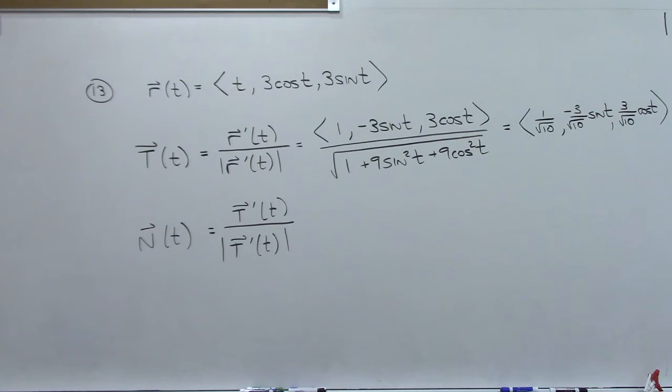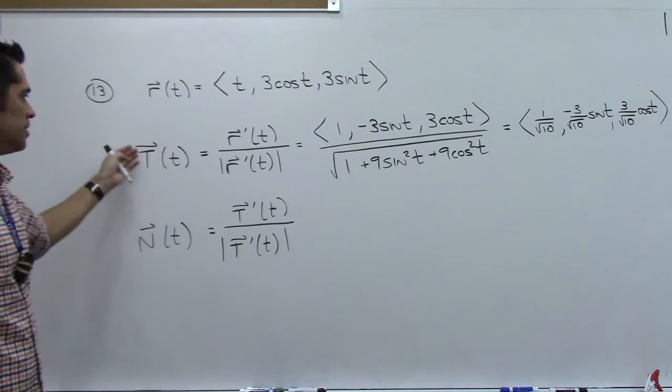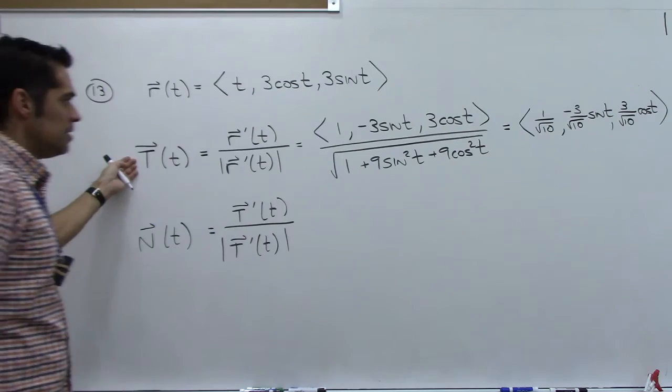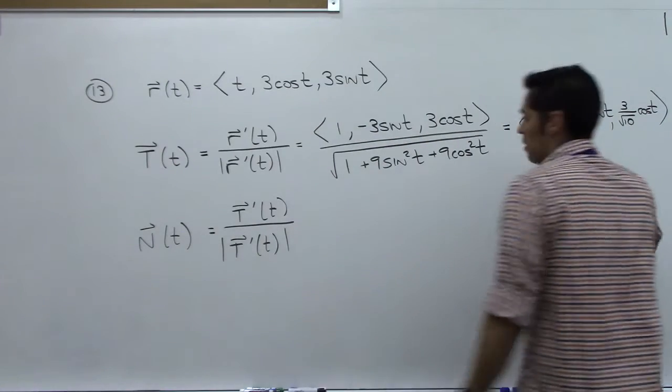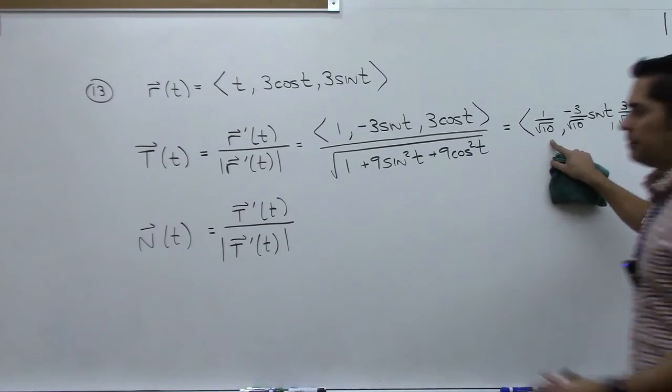That's all it is. We're basically doing the same thing we did on R, we're doing the same thing on T. So T is this right here. So we first take the derivative.